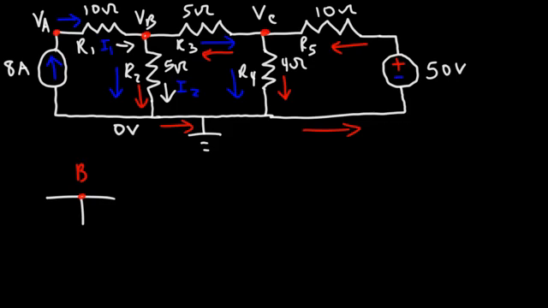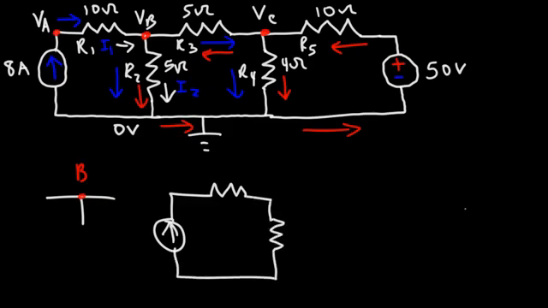So let's see what's going to happen if we remove R3 from the circuit. If R3 is removed from the circuit, the left side will look like this. And the right side will look like this.